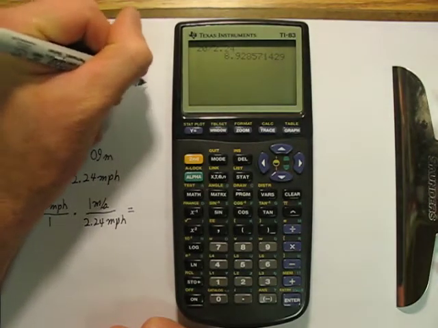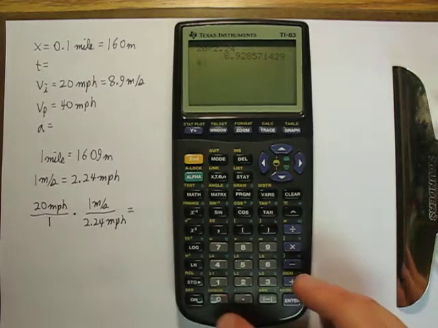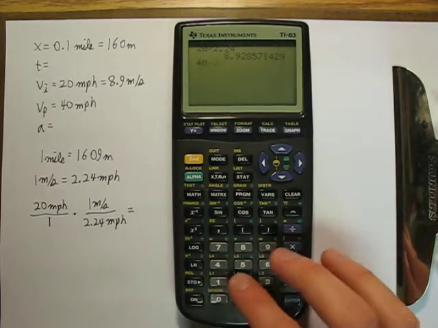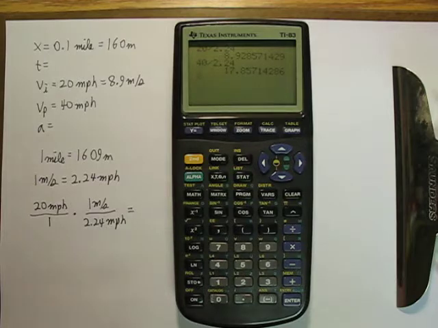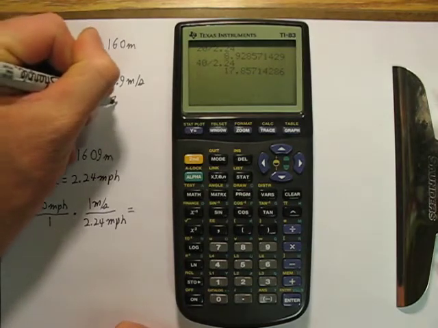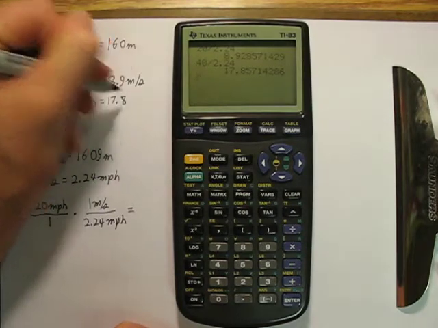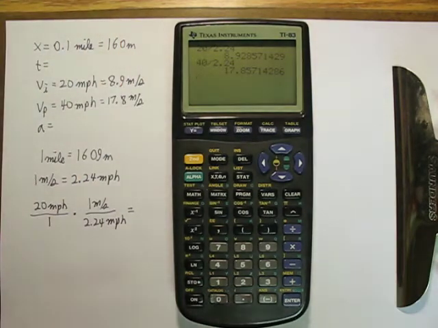You can hit pause and do the exact same thing with 40 miles per hour. 40 divided by 2.24 is double 8.9, so we'll just call it 17.8. We're not being super precise here. We're actually already being more precise than we really should be.